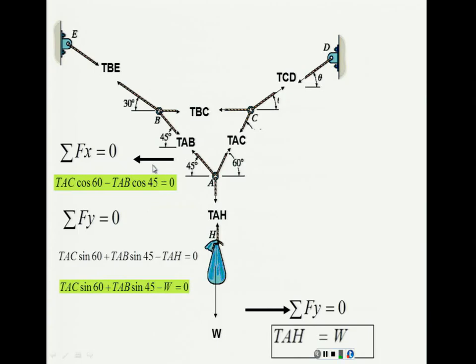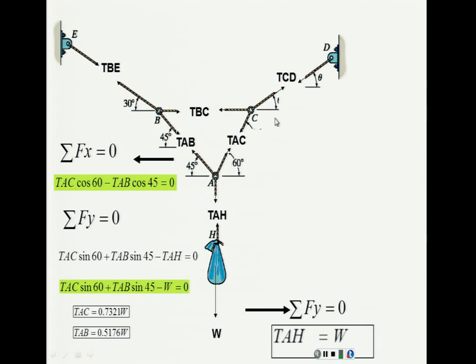If I do that, this and this term are going to cancel out, because this is negative TAB cosine 45, positive TAB sine 45. Basically, my only unknown is TAC. I can solve for TAC. Once I know TAC in terms of W, of course, I plug it into either of the equations. This is the easiest one, and I solve for TAB. Now we know TAH, TAB, and TAC.